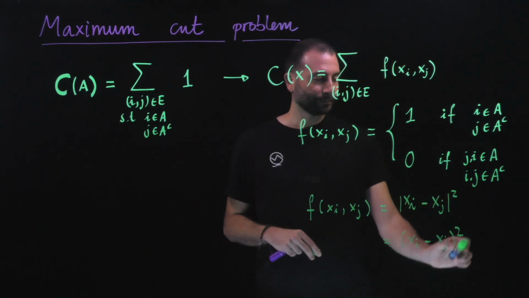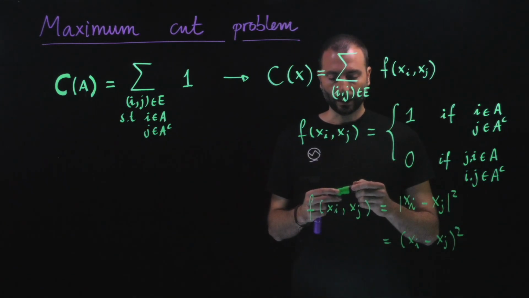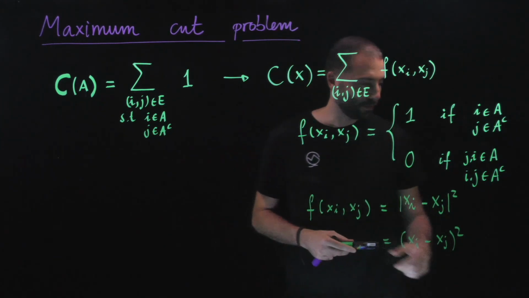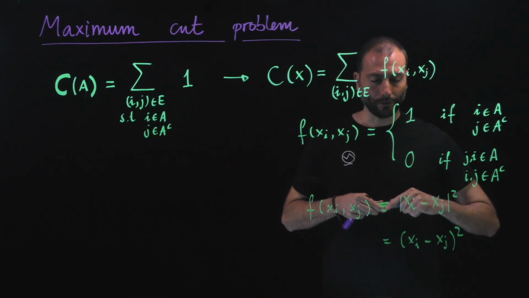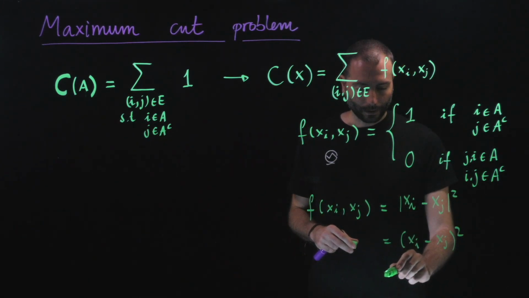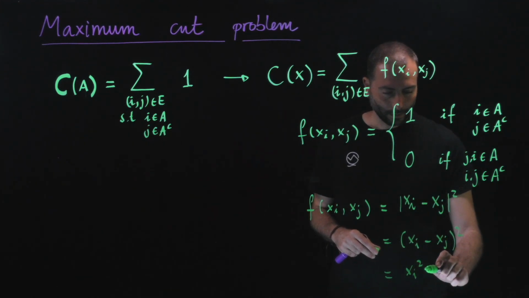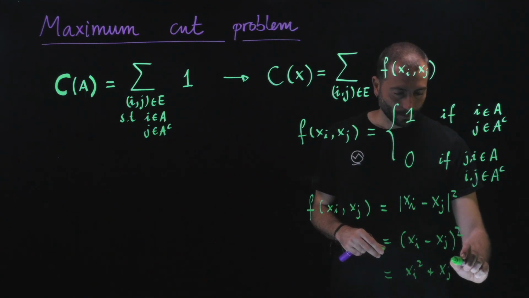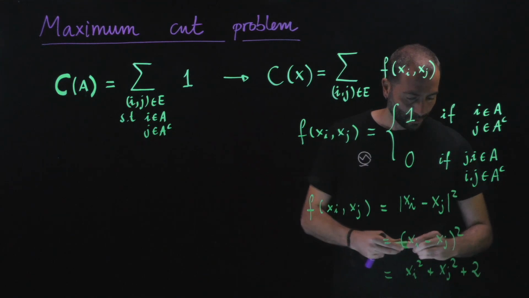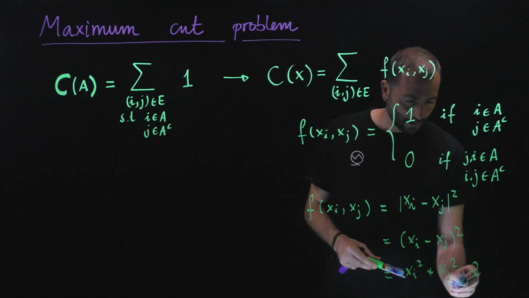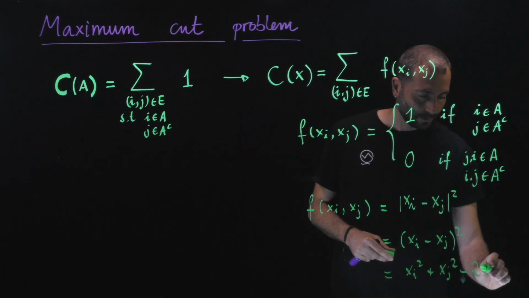So this function fulfills these properties. So basically what we do is that we just replace this function here by this square of the difference. That, of course, we can write as xi squared plus xj squared minus 2 xi xj.